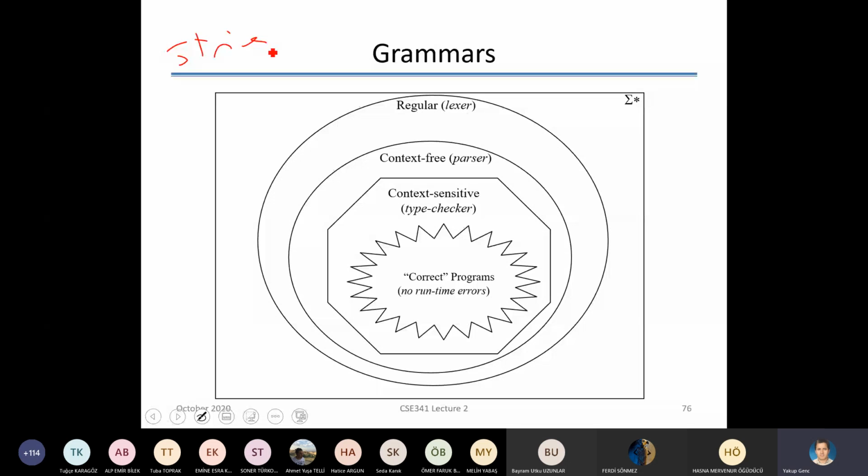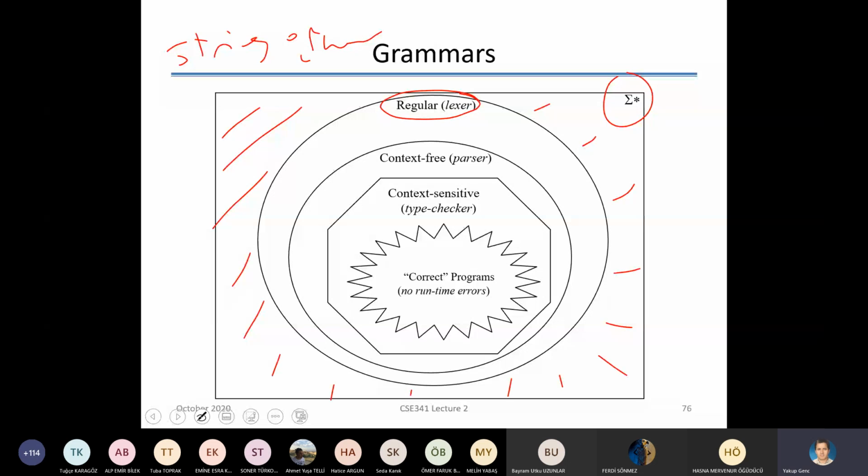This is your space. It is not practical for it to be infinitely big, but let's say it can be a very, very large space. A regular grammar, the lexer, will remove some of these things. It will say, okay, these parts are not good for this language.